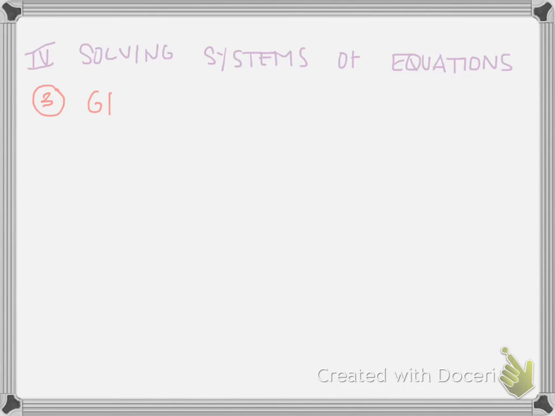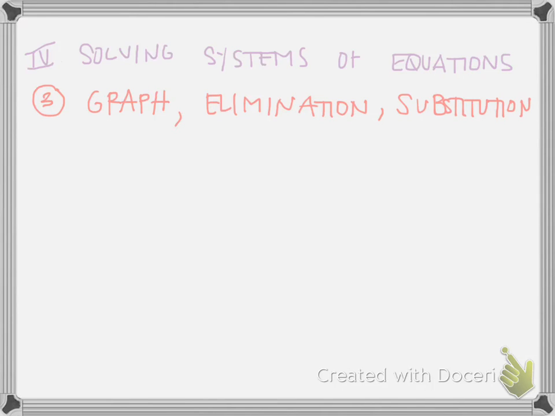You can graph, you can solve by elimination, and you can solve by substitution. For graphing, make sure that each one is solved for y. Then you graph each linear equation and figure out the point where they intersect.